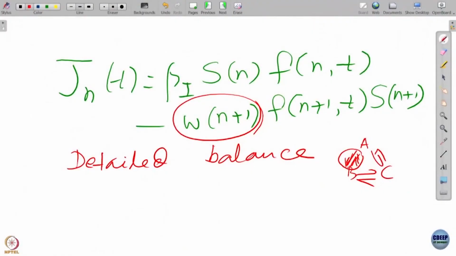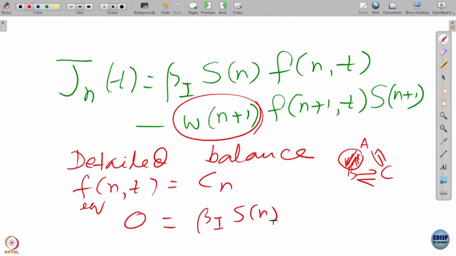So, okay, now Jn equal to 0. If I put Jn equal to 0, that is an equilibrium, but I have already defined that Cn is the equilibrium distribution. So, at equilibrium Fnt becomes time independent, and Fnt at equilibrium is nothing but my Cn. So, now I put 0 equal to beta i Sn Cn minus Wn plus 1 Cn plus 1 Sn plus 1. What does it mean now?